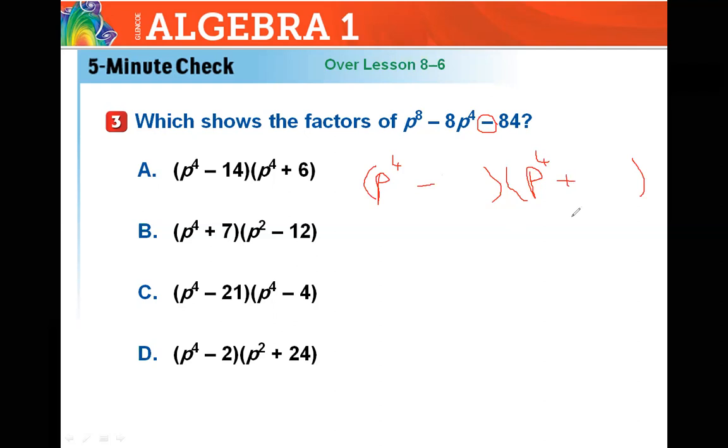After that, we factor 84. It's 1 times 84. But I need the difference. Why the difference? It means when we subtract, we get 8. 1 times 84, if you subtract, we get 83.